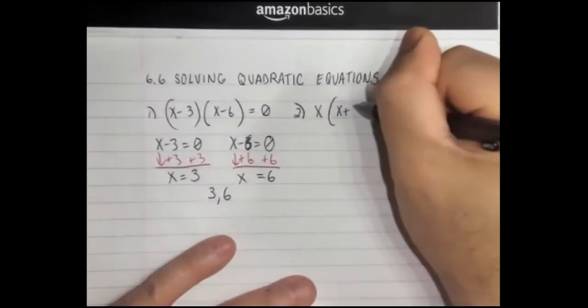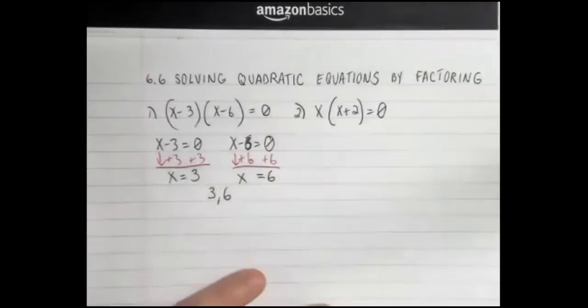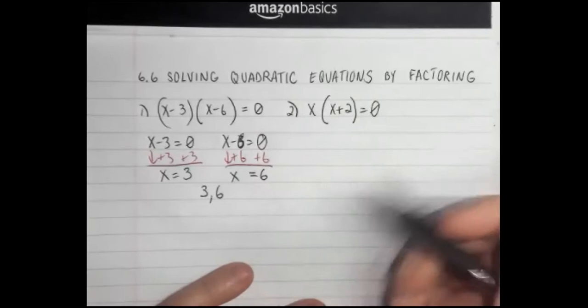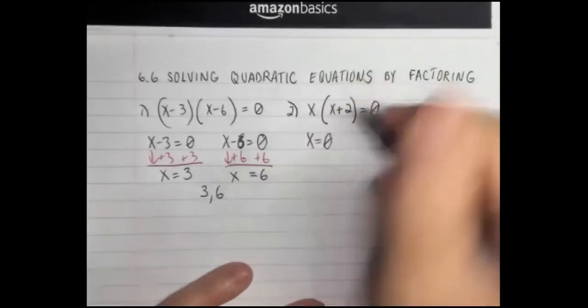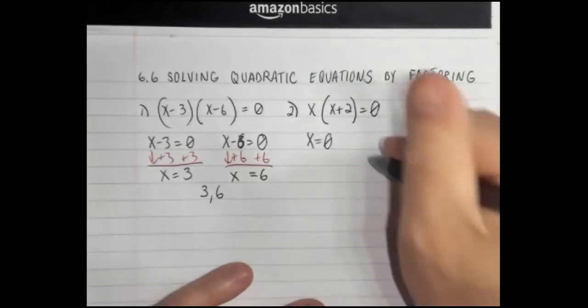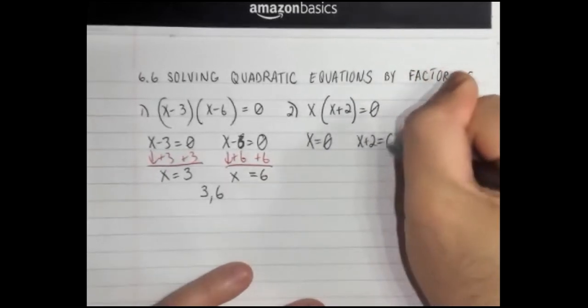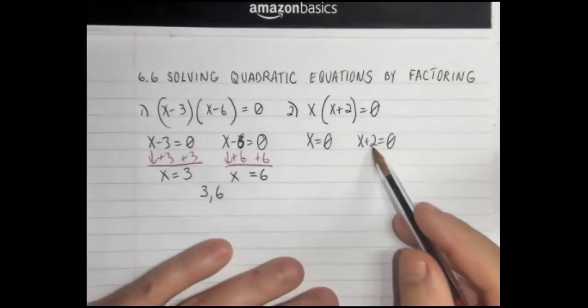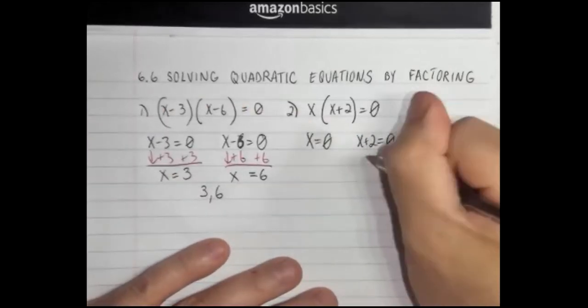Some of them, like this one, number 2, are already factored for you. And even when you're factoring, you may factor out an x. When that happens, you're just going to say, well, one of the factors is x equals 0. You're going to put that x with the 0. And then you'll come to your x plus 2, set it equal to 0. And what you're going to notice is if it's a plus 2, your answer is going to be negative 2, because again, you're going to subtract 2.